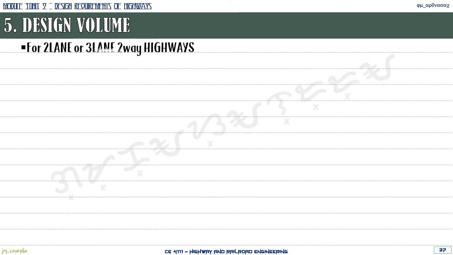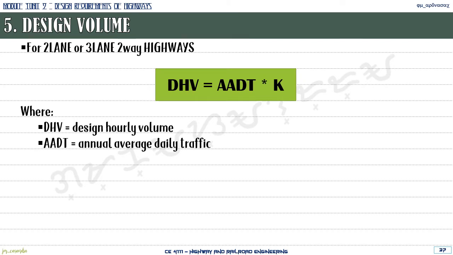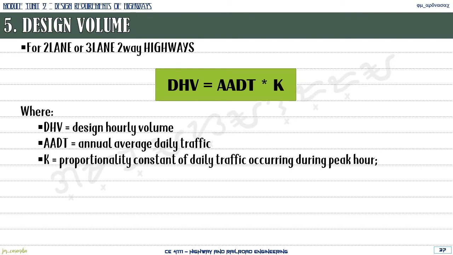So for the design volume of a two-lane or three-lane two-way highway, the DHV is computed as the product of the AADT and a factor K. So for this equation, the DHV is our design hourly volume, AADT is the annual average daily traffic, which is simply the total number of vehicles that would traverse our highway section for the whole year divided by 365. And then for the K value, this is the proportionality constant of the daily traffic that is occurring during peak hours.